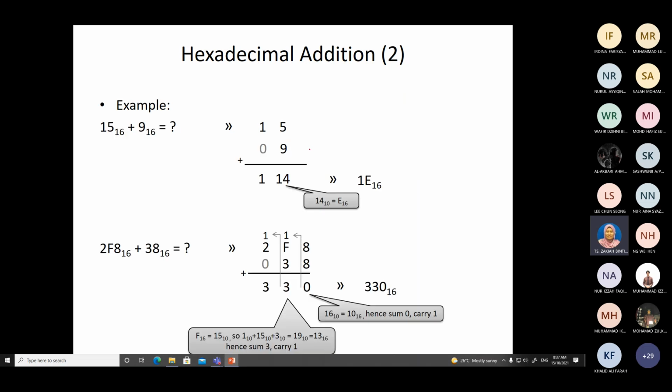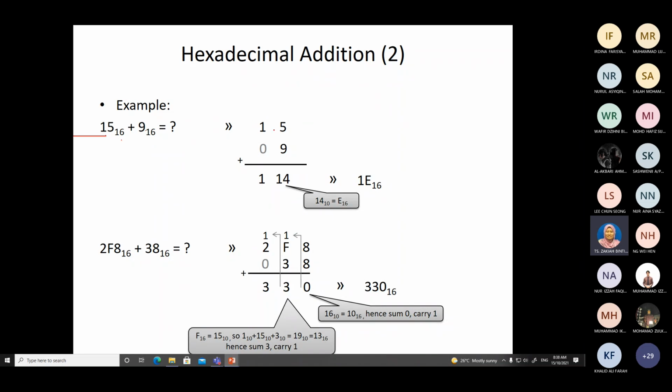So for example, this is 15 base 16 and then 9 base 16, and we need to add. When you add, it looks the same as decimal, right? But you need to remember that there are certain rules for the result and the carry forward that you need to follow.